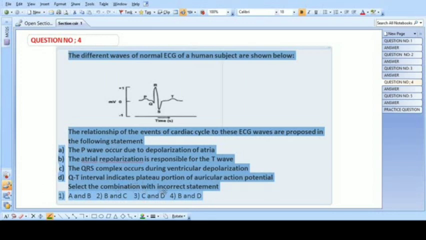From the combinations, you have to find the incorrect statement. Please note, it's an incorrect statement. Of course, in CSIR exams, they ask for correct statements and incorrect statements, so you must be careful in identifying whether the question is asking for correct or incorrect statements. Just go with the answer.